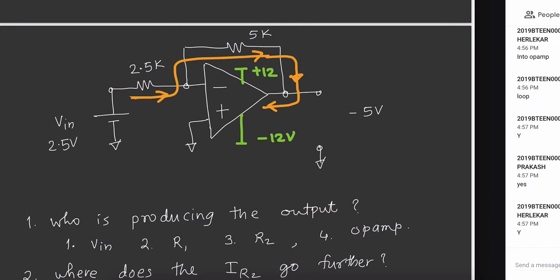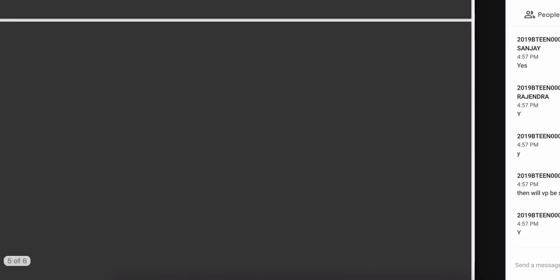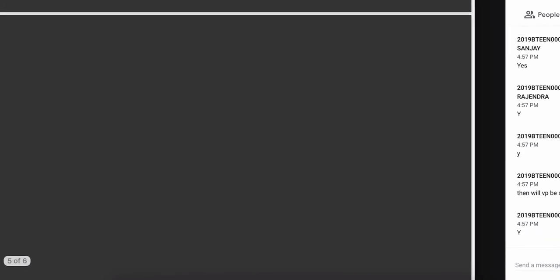Okay. Now what I will do, I will enlarge this op amp. It means like this, a big op amp, and then there is a current coming from here. Understanding this?